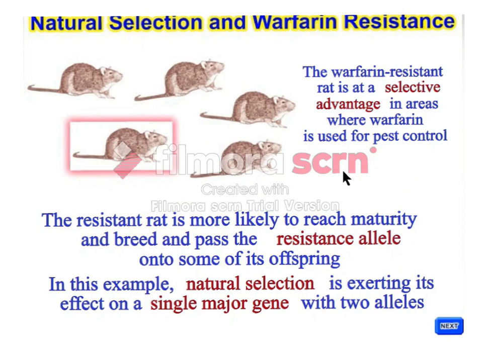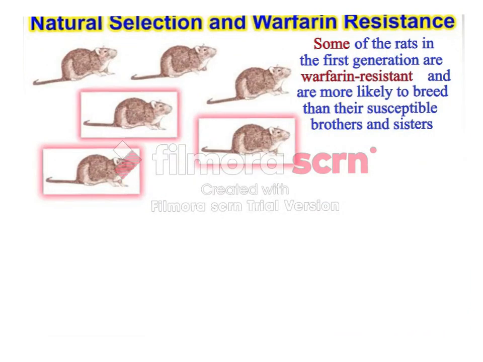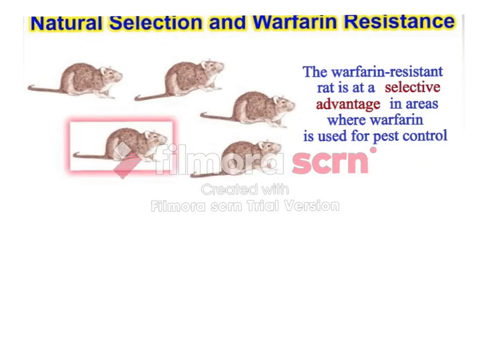The warfarin-resistant rat has a selective advantage in areas where warfarin is used as pest control. This means that the frequency of the warfarin-resistant allele is going to increase in that particular population.